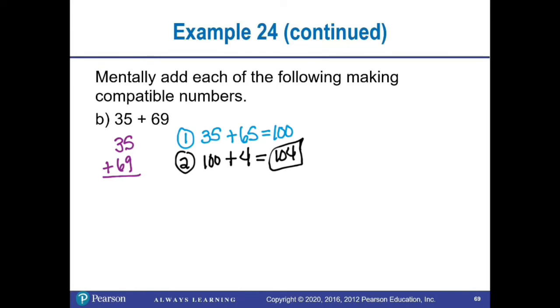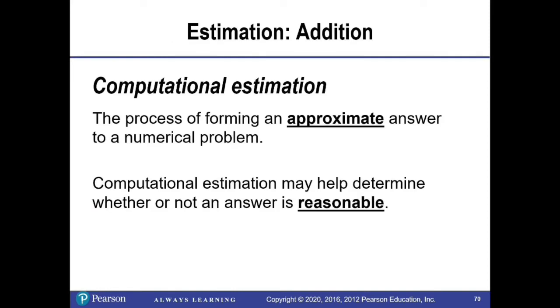Again, what I've done here is I've pulled apart 69 into 65 and 4. I chose 65 because 35 plus 65 is 100. 4 more makes 104.